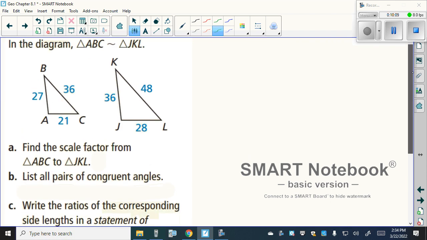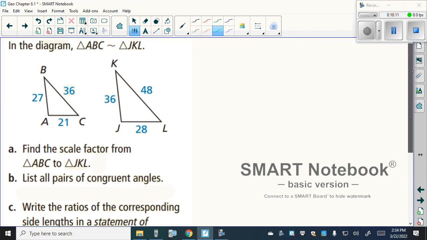And this next one is the exact same thing as what we just did. We're going to find the scale factor, our congruent angles, and the proportional side length, statement of proportionality for the side lengths.